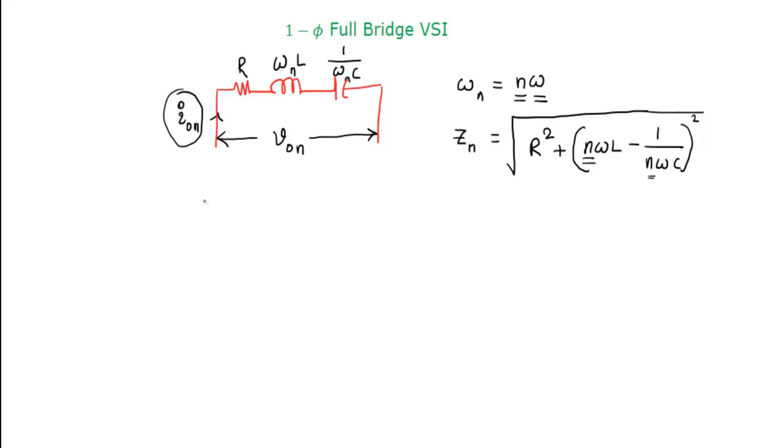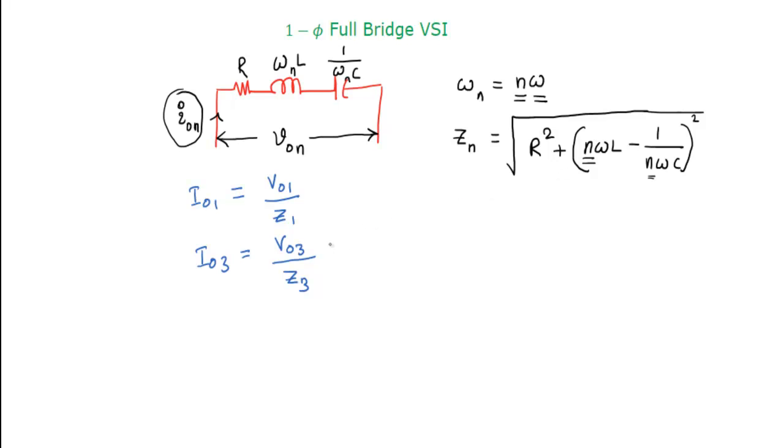The RMS value of the fundamental component is the RMS value of the fundamental voltage divided by Z1, substituting n equal to 1. Likewise, the RMS value of the third harmonic component is the RMS value of the third harmonic voltage divided by Z3, where we substitute n equal to 3.